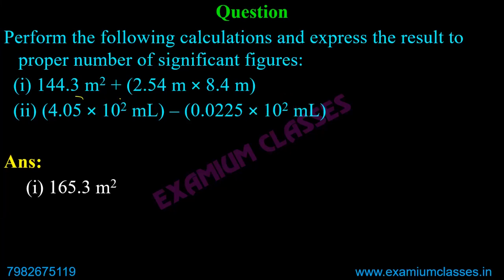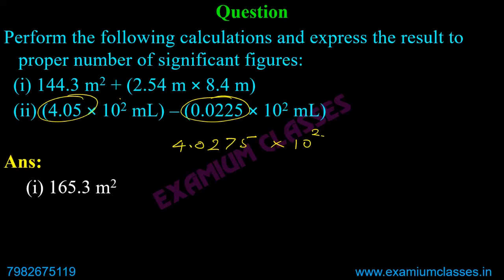It means you can directly subtract 0.0225 from 4.05. So it will be 4.0275 into 10 to the power 2. This will be the answer.